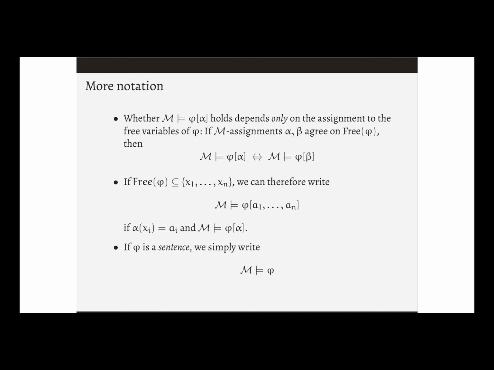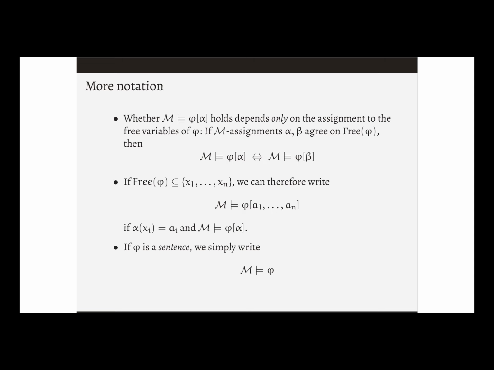Similar to the term notation that we introduced a few slides ago, we can make a similar observation with respect to what actually influences the truth value of a formula in a structure: it's only assignments to the free variables that this truth value depends on.